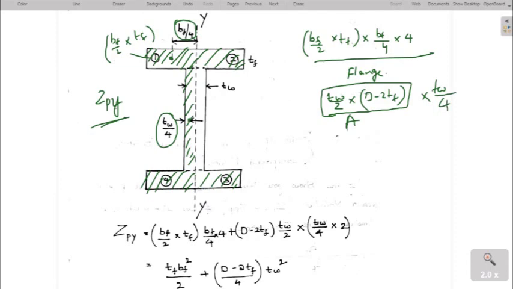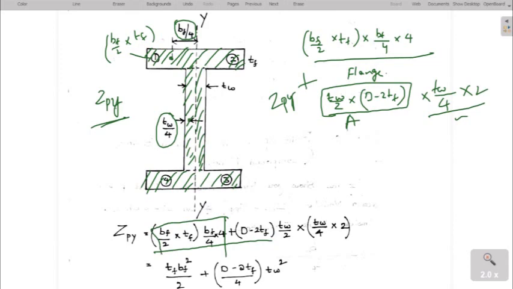And we have 2 such sections on the right side of the y-axis. So into 2. Add these two, you will get the ZPY value. As you can see here, this is the flange and this is the web portion. Upon simplification, this is the equation that you get. Of course, when these are numerical values, you can easily get a numerical answer in this step.